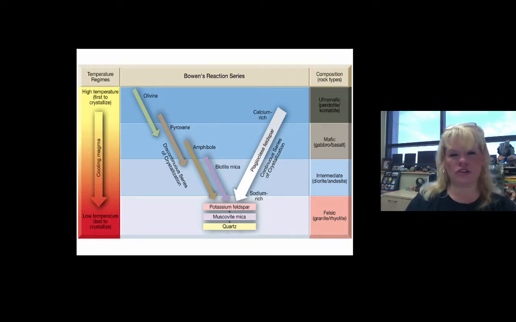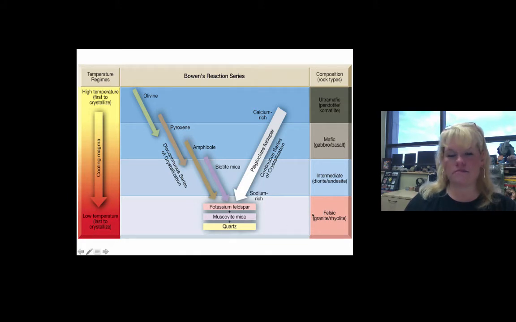So let's put some colors to these. Let's start with mafic right here. They're black or very, very dark shades of gray. Now let's come to felsic, and I'll come back to intermediate. Felsic has a pinkish color, and the reason is I can only form potassium feldspar, muscovite mica, and quartz in the felsic category.